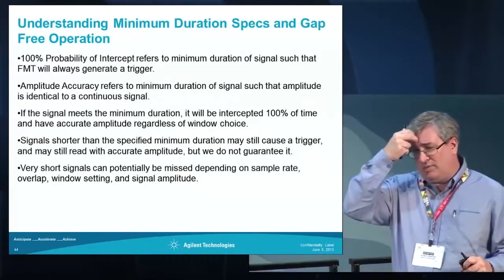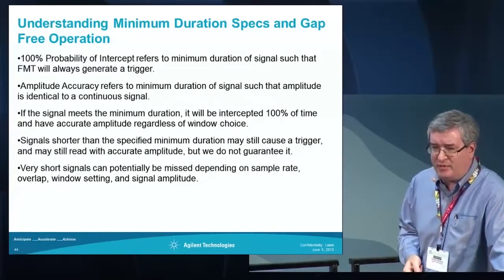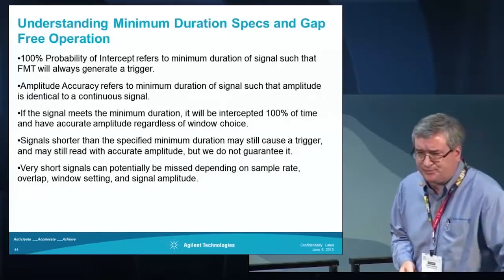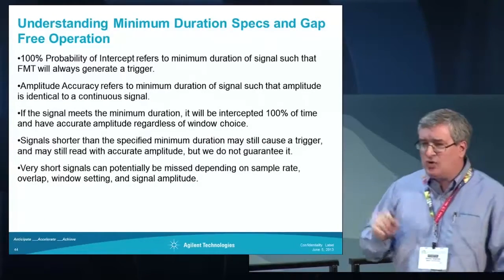Now, when we talk about triggers and real-time analysis, we talk a lot about probability of intercept. We're basically saying how short a signal duration can you have that we guarantee we will see it. We guarantee we'll see it every single time, we will not miss it, or we will catch it only occasionally.